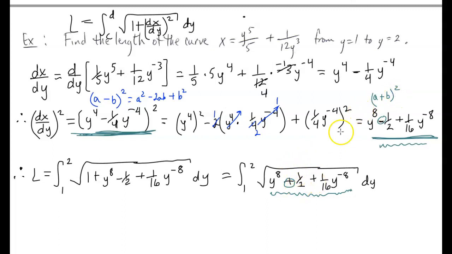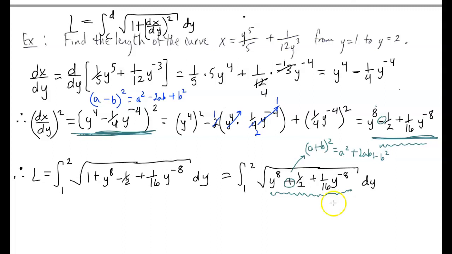So what we have going on over here is that this is following the pattern of a plus b quantity squared, which would be a squared plus 2ab plus b squared.